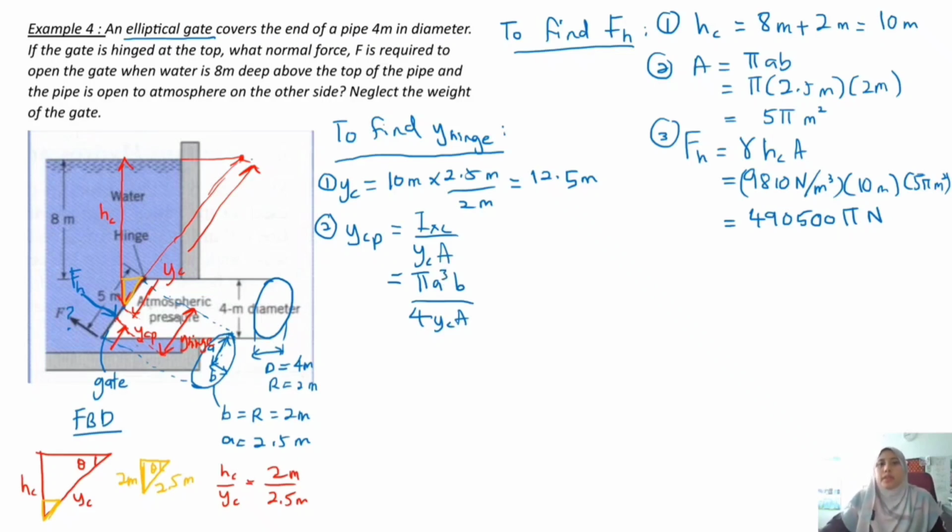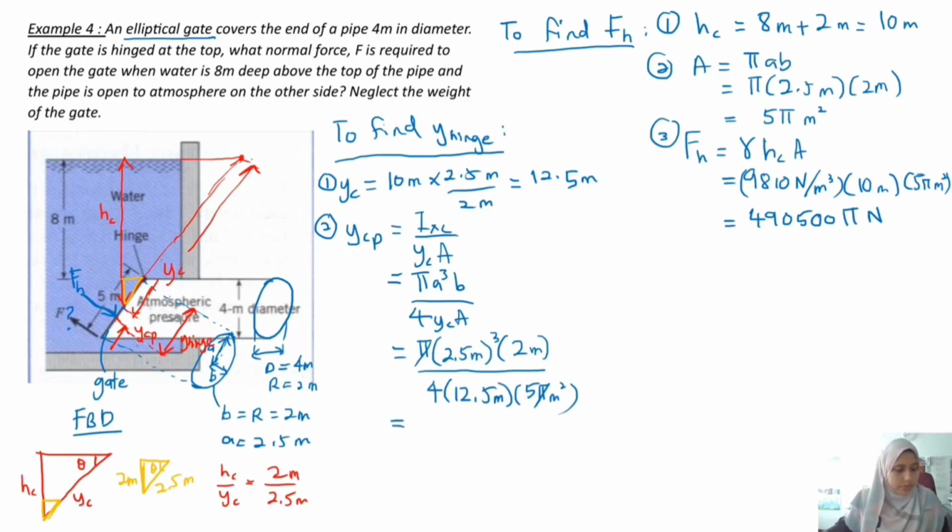So A is 2.5, B is 2, and you divide by 4, you divide by YC, and you divide by the area. Area is 5 pi. Pi is cancelled. So 2.5 power of 3 times 2 divided by 4 divided by 12.5 divided by 5.